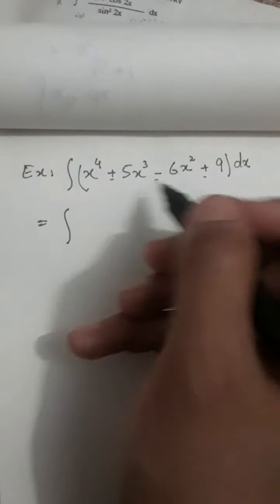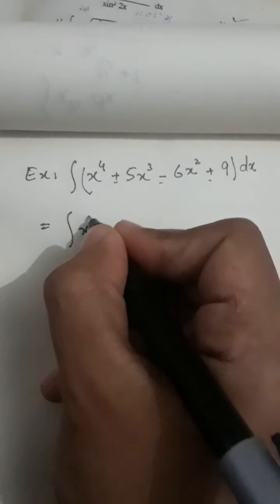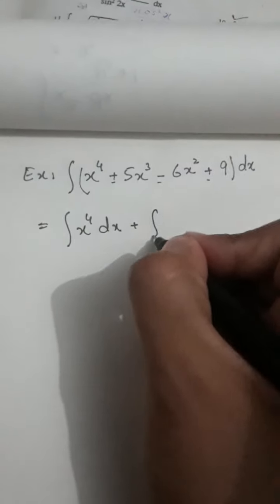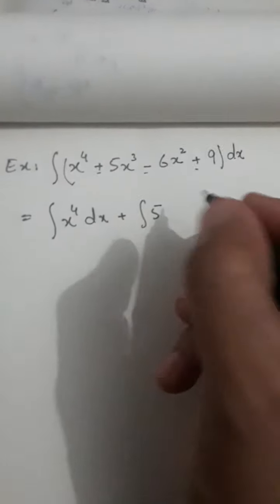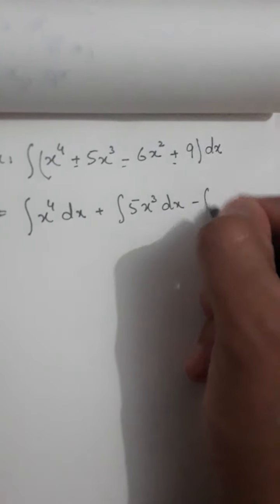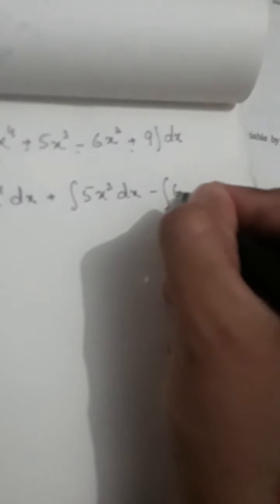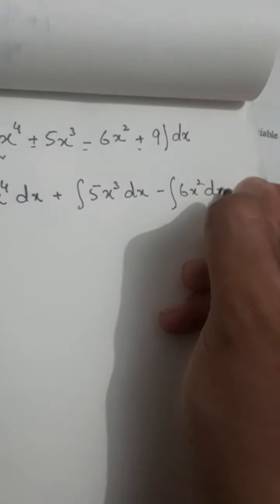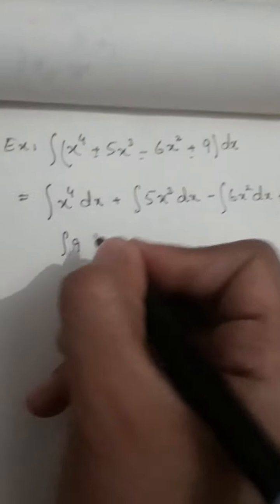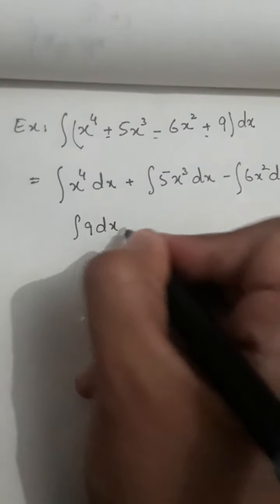You can write the integrals separately for each term. So I can write it as the integral of x power 4 dx plus 5x cubed dx minus 6x squared dx and plus 9 dx.